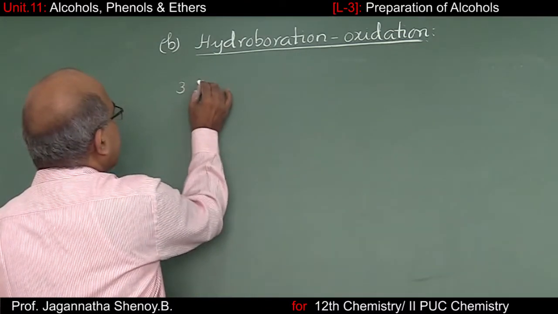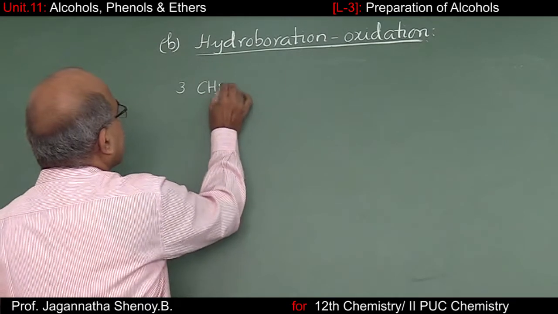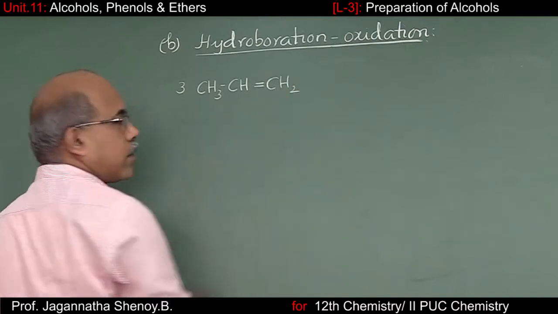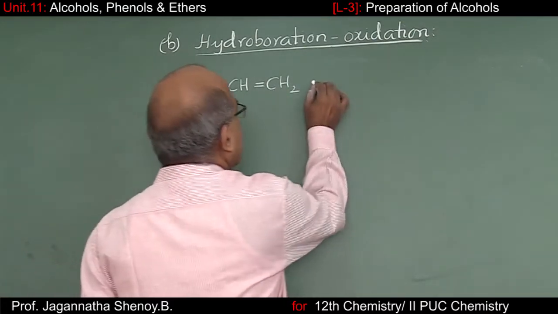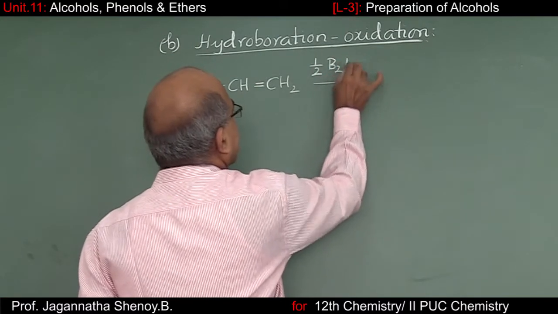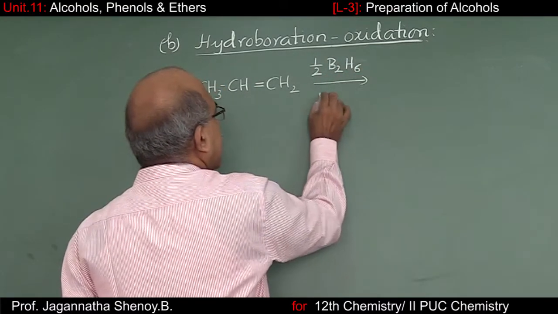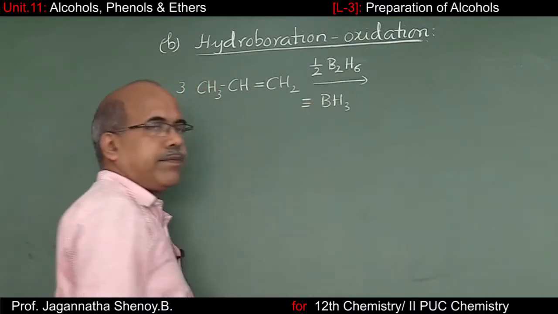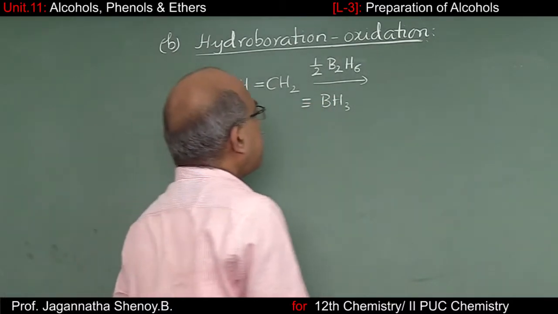Start from 3 molecules of propene and use half a mole of diborane, which can be represented as BH3 effectively. What will be the product?